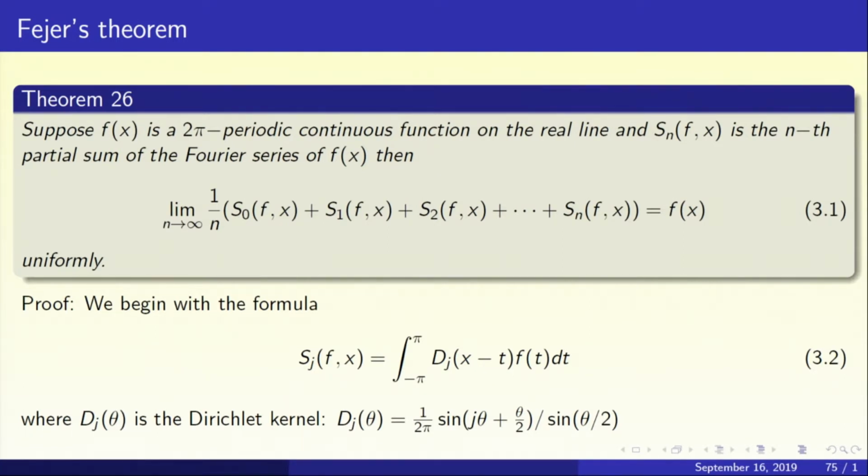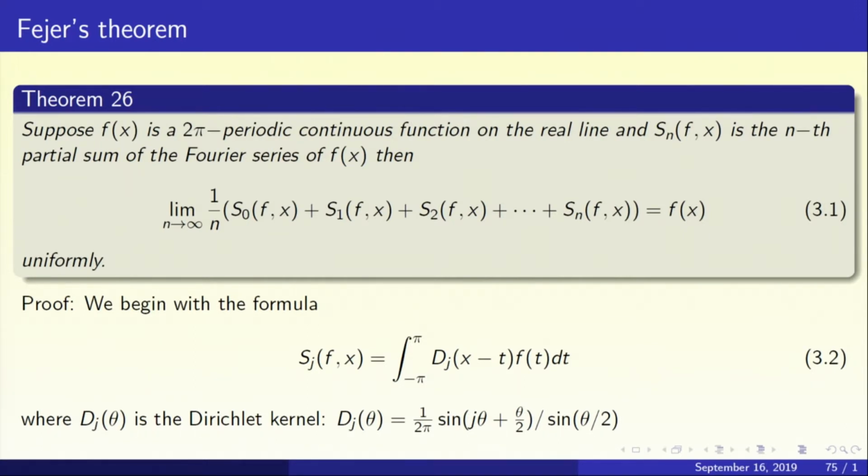The arithmetic means that you see, equation 3.1, you see the partial sums Sn f x and you look at its arithmetic means. The arithmetic means give you the function f of x.